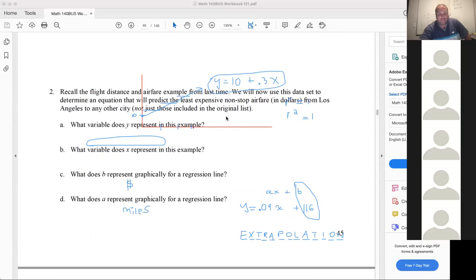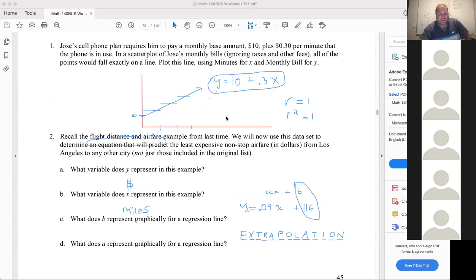You're not allowed to. Now, what does A represent? What does this 0.09 represent? Your slope. Yes, but in the context of this problem, what does it represent? Be more specific. Cost per mile. Would it be your cost per mile? It would.